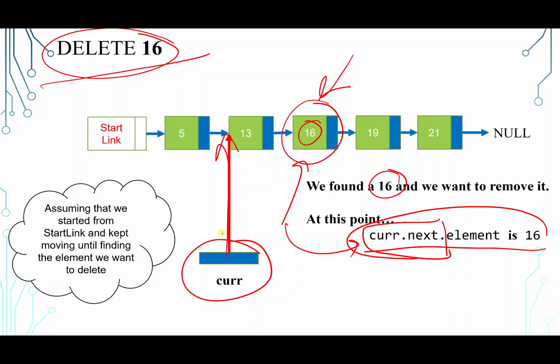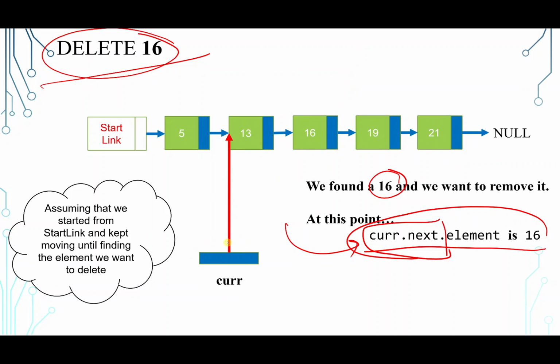And current is standing at this point. So what we want to do now is this. We delete this, and this pointer is going to point at this one. That's it.